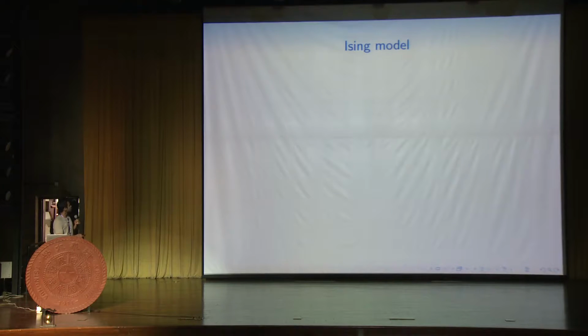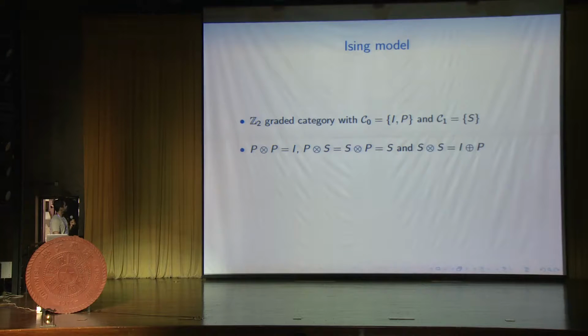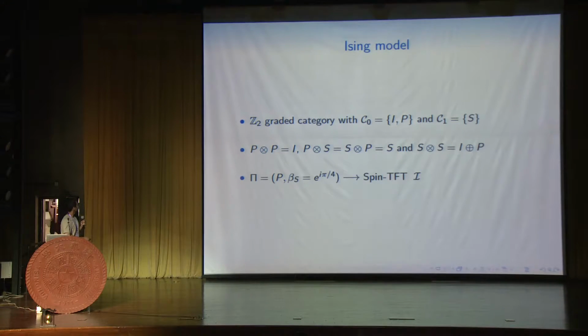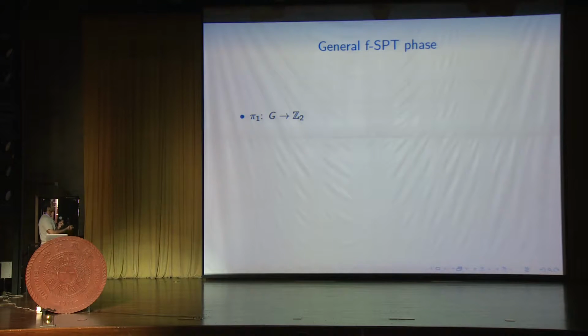Now, to define a general fermionic SPT phase, we still need one more ingredient, which is the Ising category. This is a Z2 graded category, which has two simple objects in the trivial grade and one simple object in the non-trivial grade. There are some fusion rules, and there are some non-trivial associators. We choose a generator for the anomalous Z2 one-form symmetry, and I call the spin TFT generated like this I. To define a general fermionic SPT phase, consider a homomorphism pi1 from G to Z2.